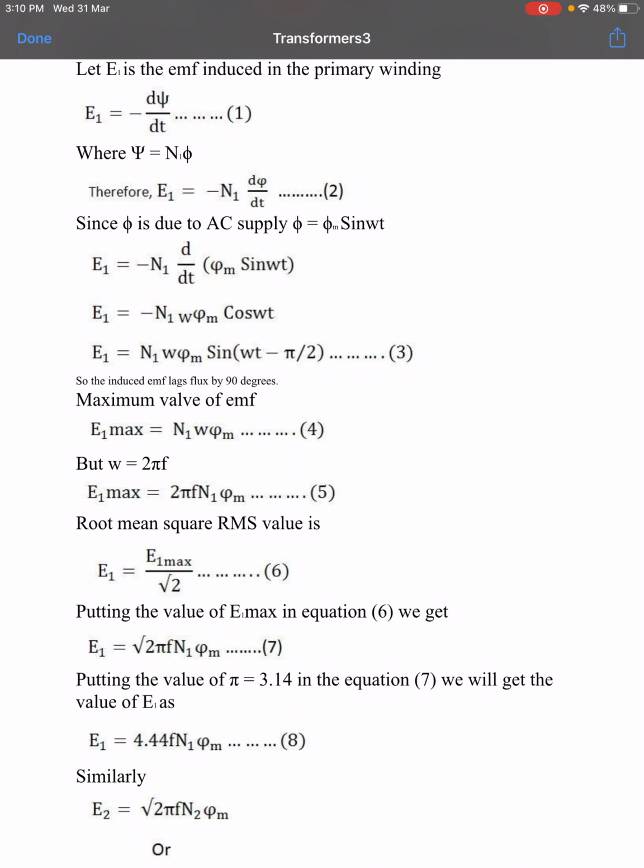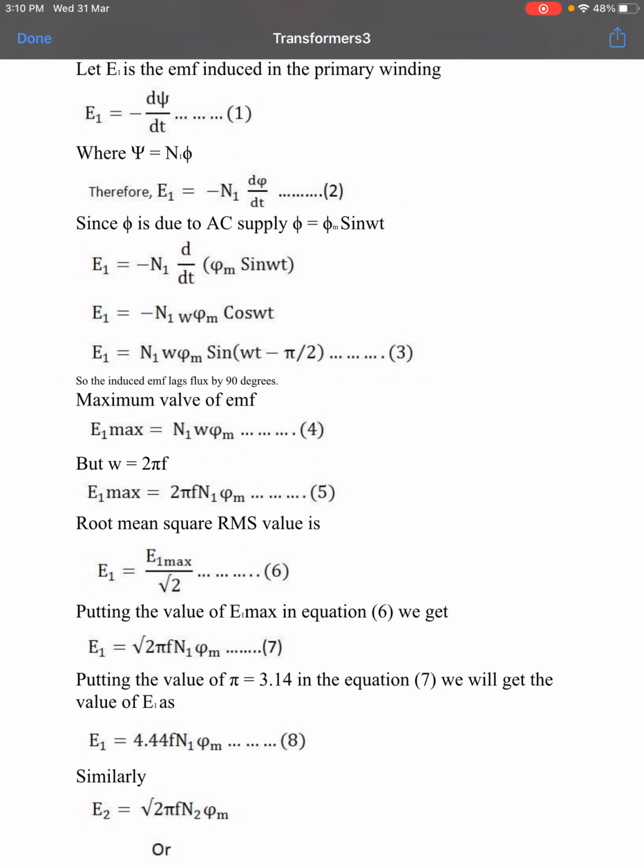Here omega equals 2 pi f, so E2 maximum equals 2 pi f N2 phi m.